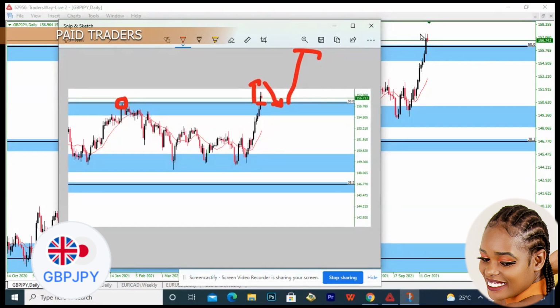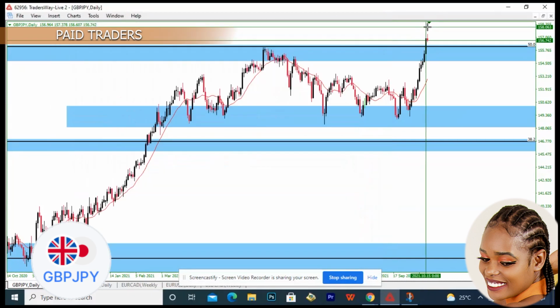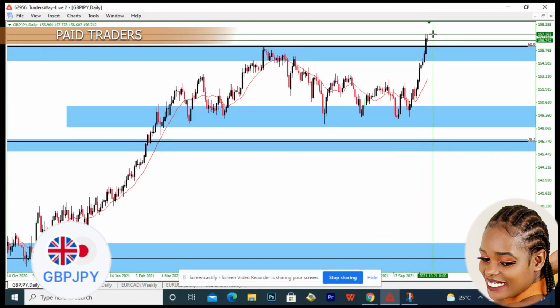Because where it has reached here is big. You can see the price difference. That is 157, and where the buy low is, it's a lot of pips, 100 pips and above.